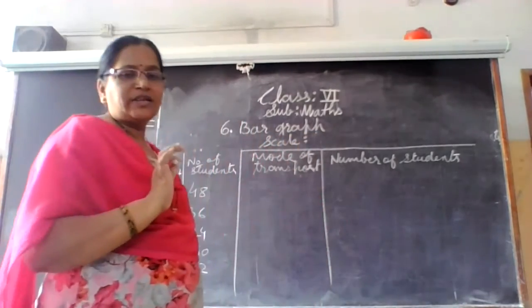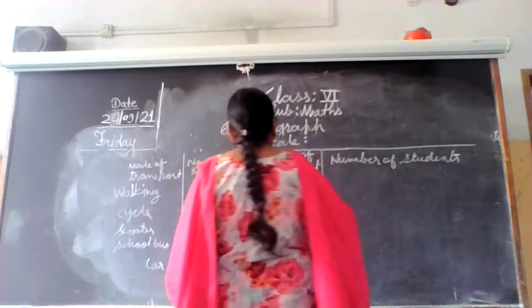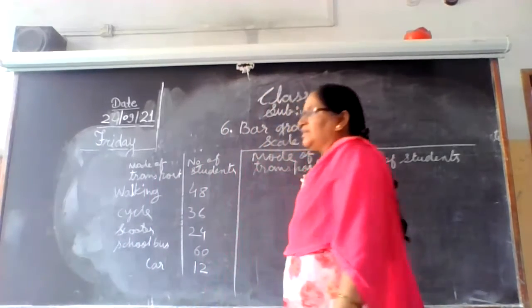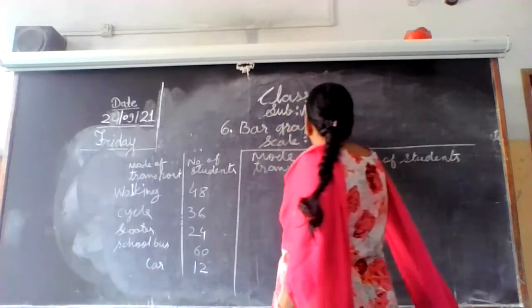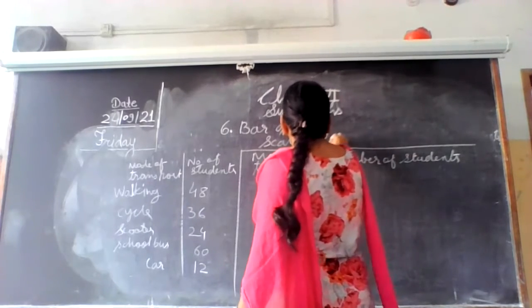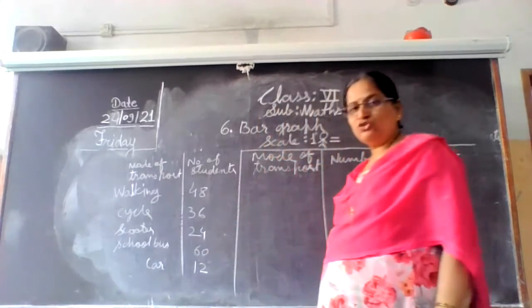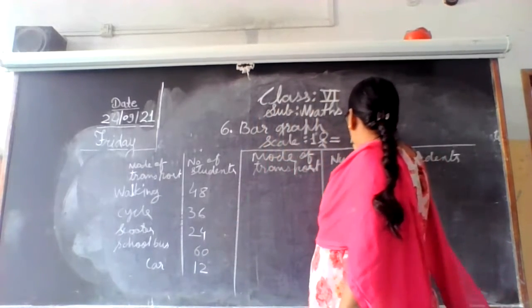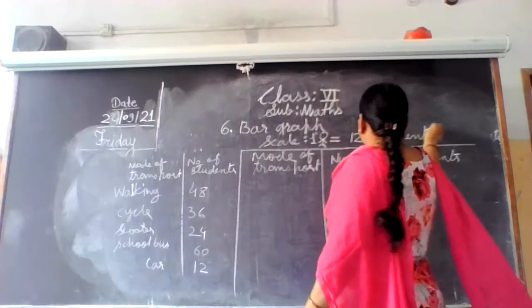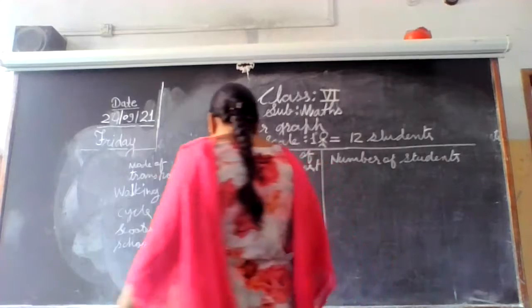Without the scale, your pictograph is incomplete. For students, I am taking this symbol. So one symbol equals to 12 students.